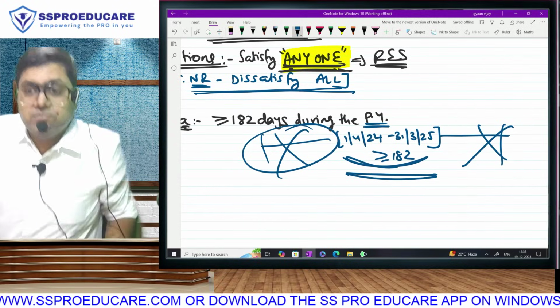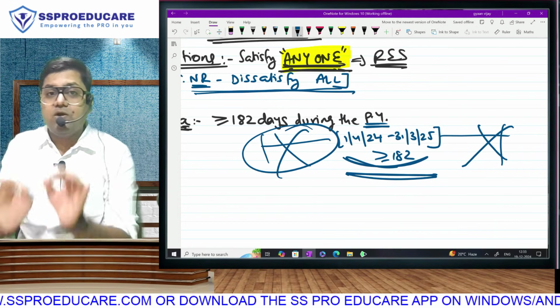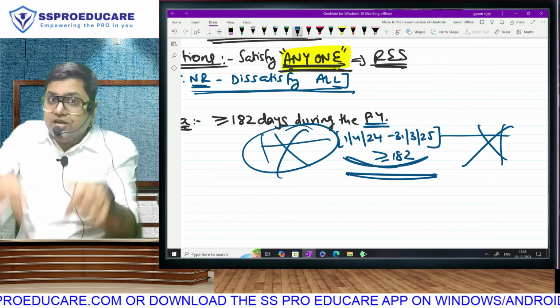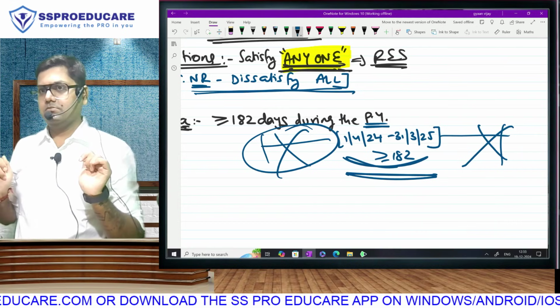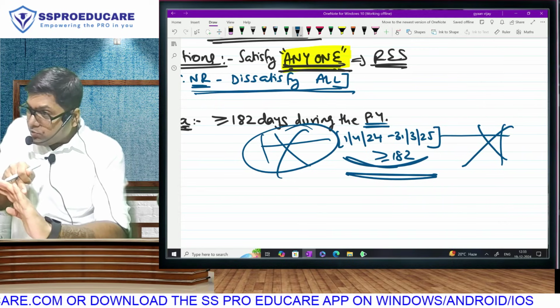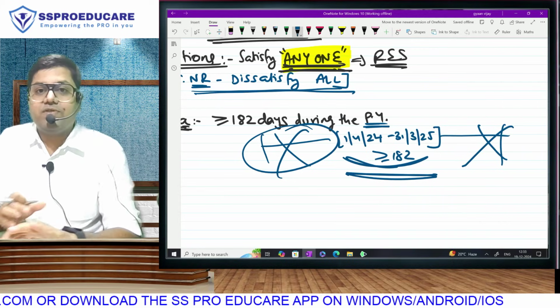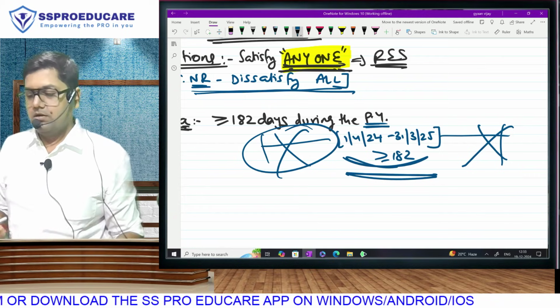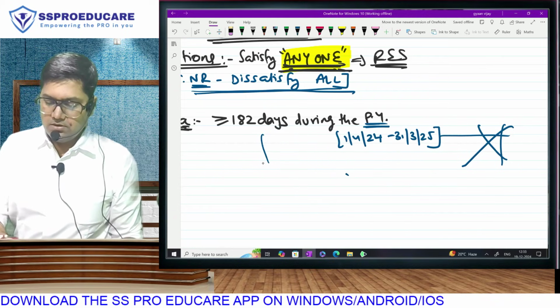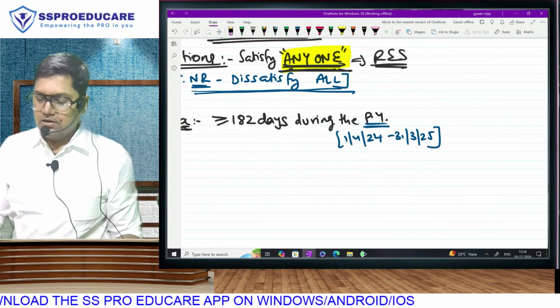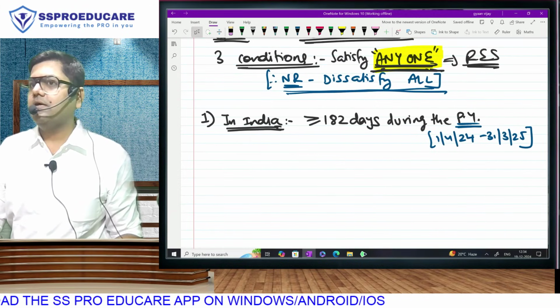This year you are going to be resident or non-resident will depend on your stay in India in this particular year. If you are here for 182 days this year, then last year and next year, both of them are absolutely irrelevant.